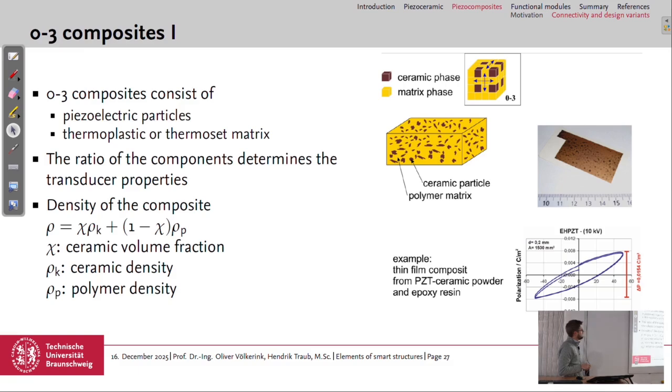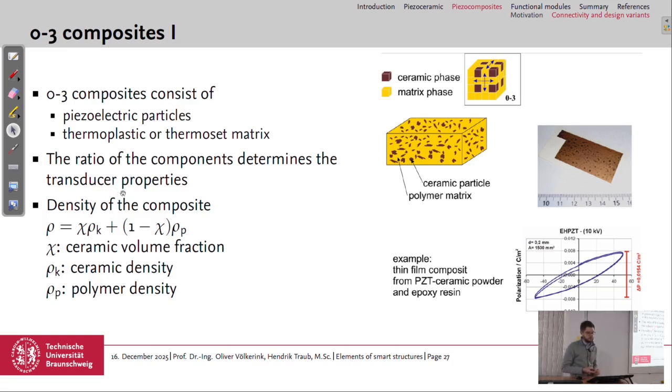So we start with the 0,3 composite: particles in a volume of matrix material, piezoelectric particles in a thermoplastic or thermoset matrix. The ratio of the components also determines the transducer properties.